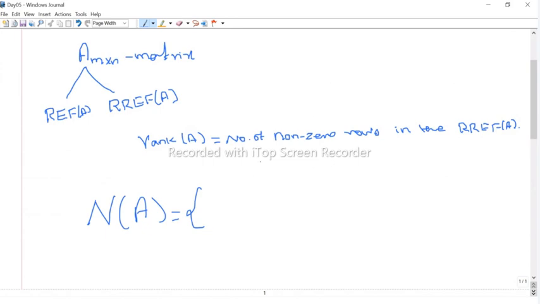So for example, suppose A is an m by n matrix, so we consider the solution of the system Ax = 0. Since A is an m by n matrix, x should be in R^n. So it's the collection of all x in R^n such that Ax = 0.